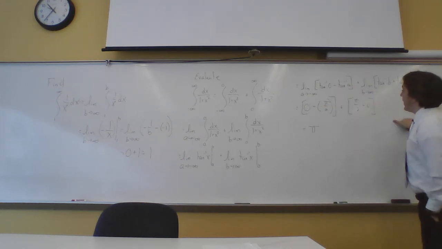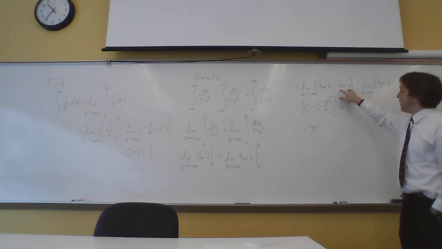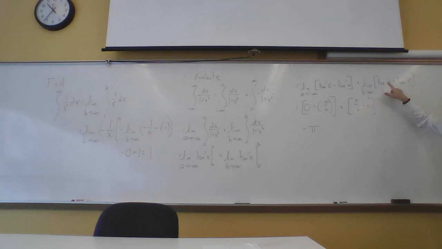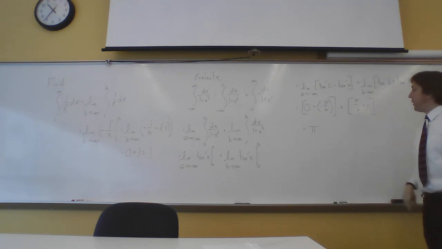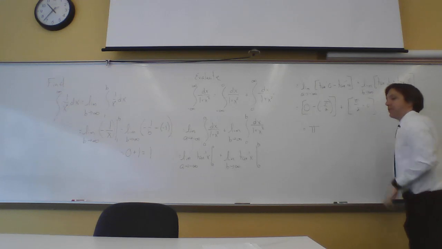And as a goes to negative infinity, the limit of tangent inverse is negative pi over 2. So I get a minus a negative pi over 2. And as b goes to infinity, the limit of tangent inverse is going to be positive pi over 2. So what do I end up with? I end up with positive pi over 2 plus pi over 2, which is just pi.